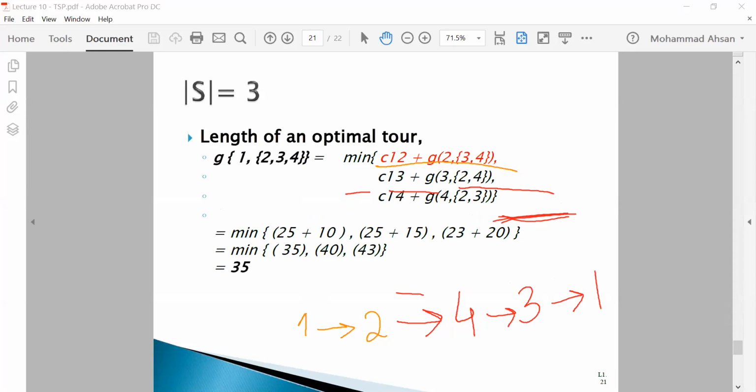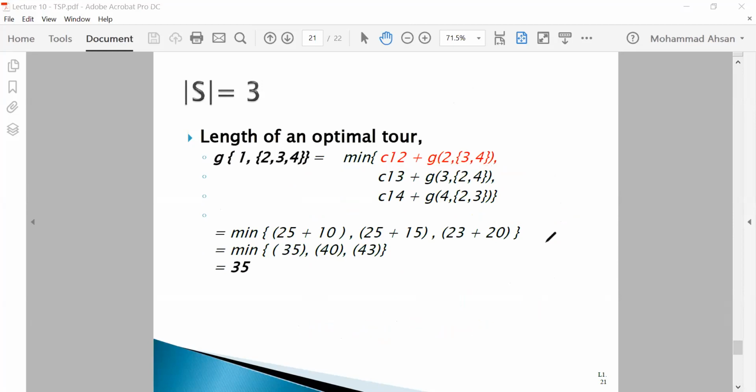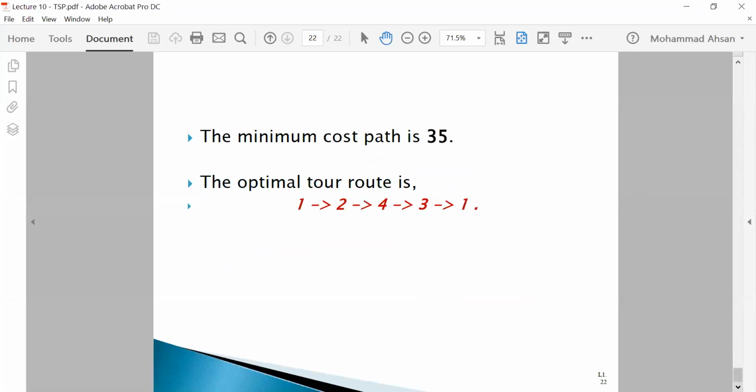So this is our actual tour that we have taken to calculate this cost of 35: 1, 2, 4, 3, 1. This is your optimal tour route.